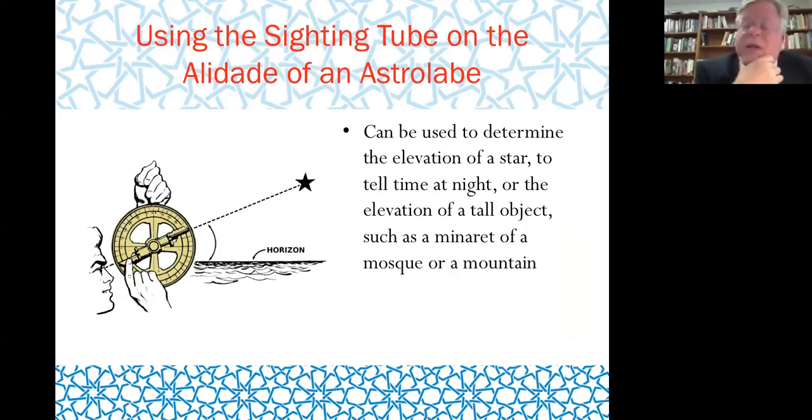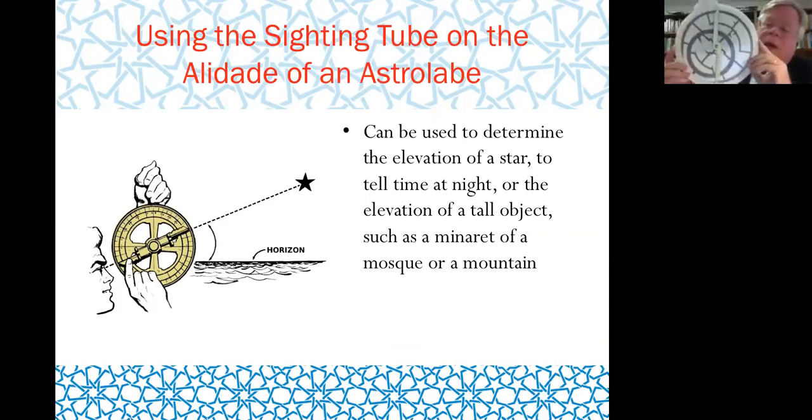Now, using the sighting tube on the back of an astrolabe, I don't know if you can see, this is my working model, my teaching model of an astrolabe. That's the front with all the parts that I'll talk about in just a minute.